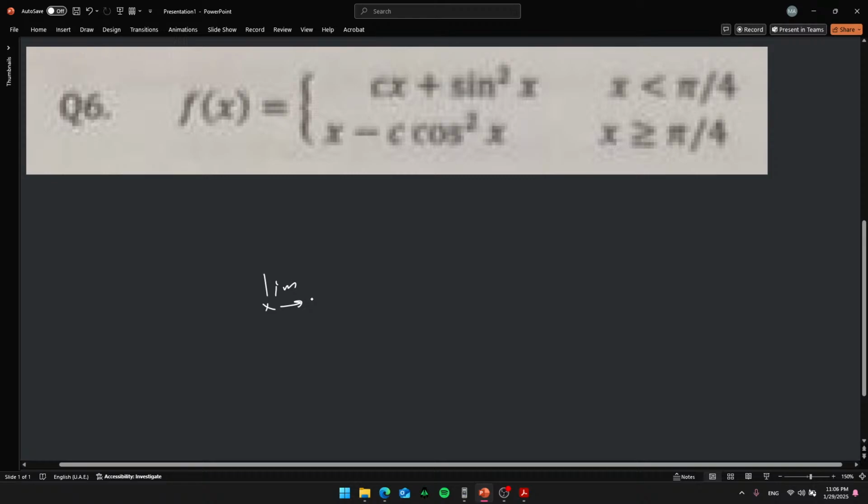Limit as x approaches pi over 4 from the left, cx plus sine squared x.